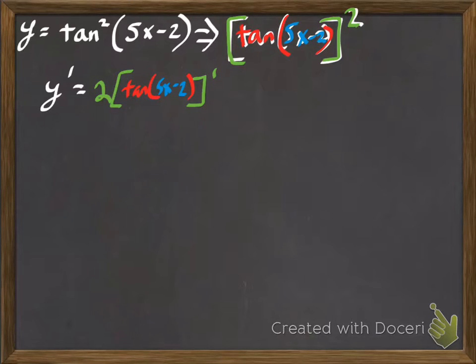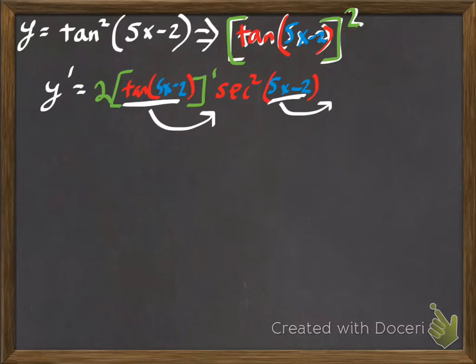So for the green thing squared, the derivative is 2 times whatever's in the green part to the first power, but that inside part has its own derivative, so the party is going to spill over to the after party. The derivative of tangent of something is, famously, secant squared of something. So that's going to spill over, and we have 5x minus 2 still raging in there. But as you know from the song After the After Party, it's the hotel lobby.